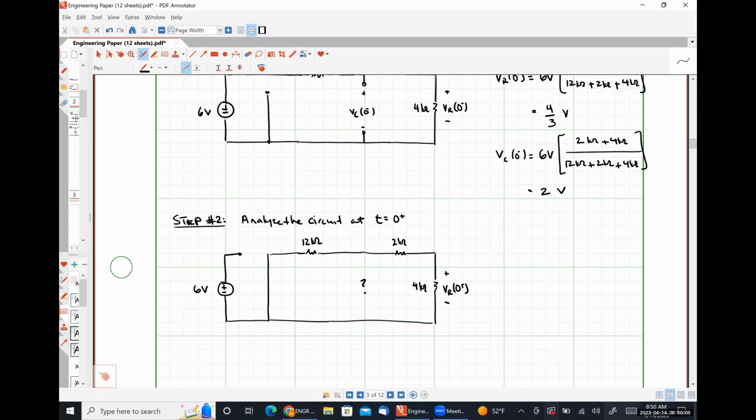Okay? So what we're going to do at t equals 0 plus for any circuit where we have a capacitor is replace the capacitor with a voltage source that has the same magnitude and polarity as what we saw at t equals 0 minus.